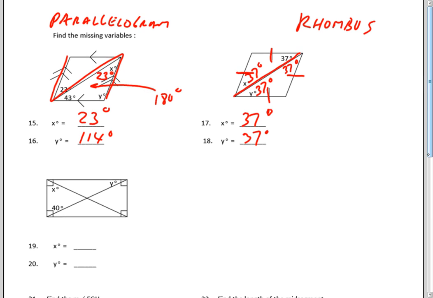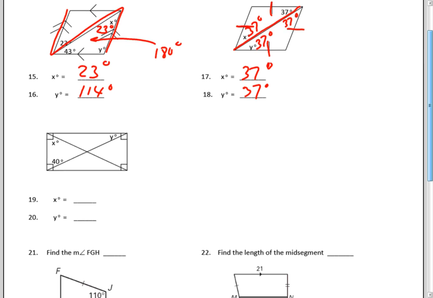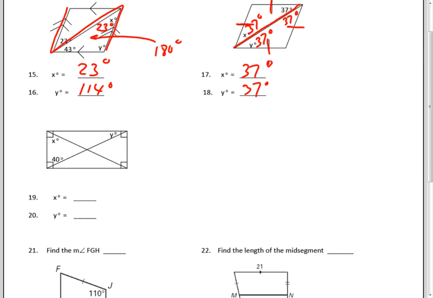What are we looking at for 19 and 20? What is this thing with 4 right angles? Write it down. Start thinking to yourself, I've got all the parallelogram characteristics, but now I know the diagonals are equal.